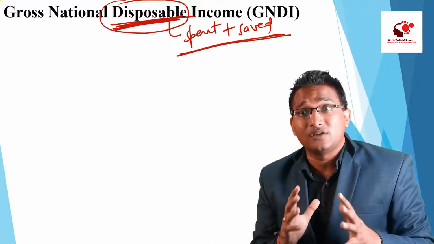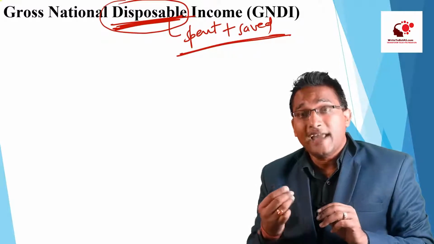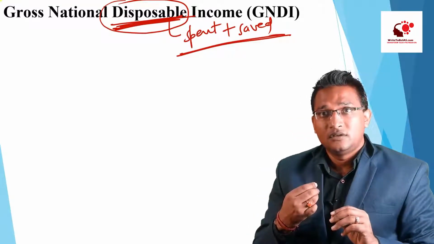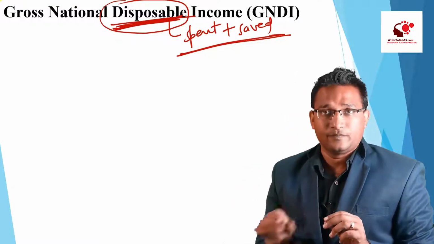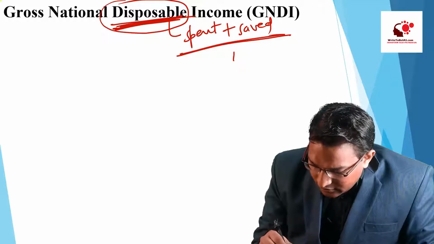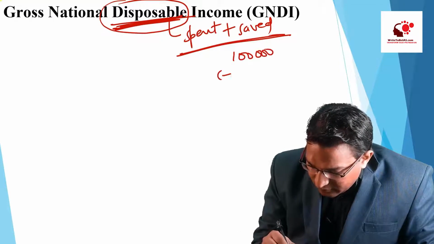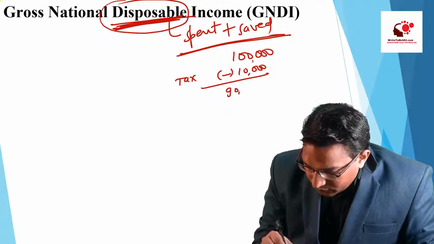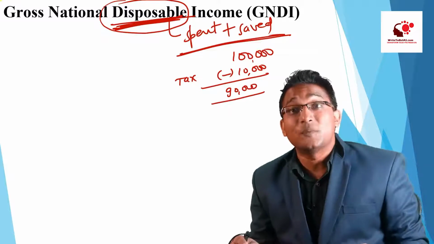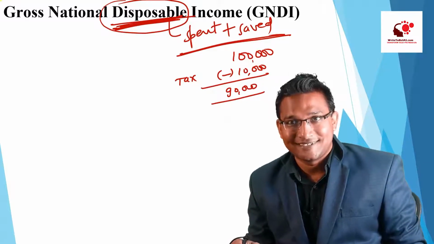How can it be less or more? Because I am earning 1 lakh rupees, but I have to pay the income tax of 10,000 rupees. So my disposable income is 90,000.